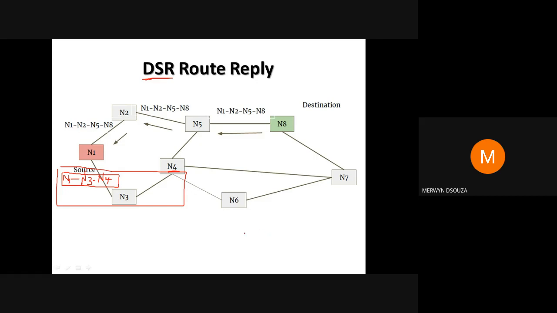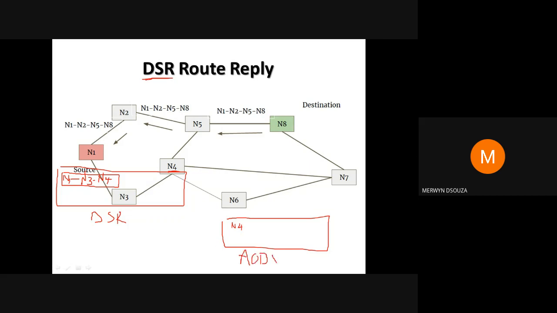But AODV, when it is sending a packet to N4, taking the same network, mentions only the destination. It won't mention the entire path from the source node to the destination. So this is a DSR packet, and this is an AODV packet.